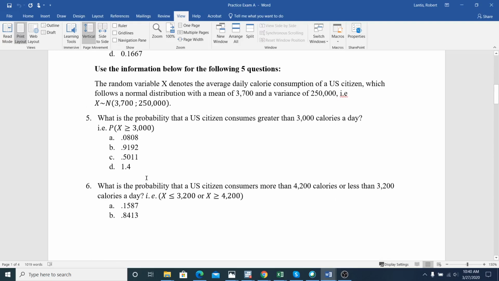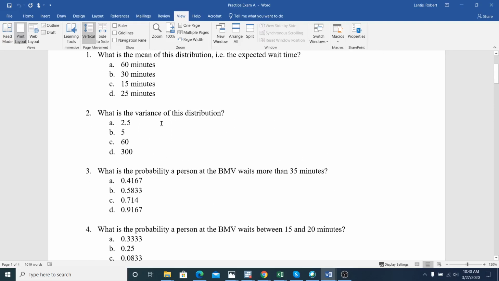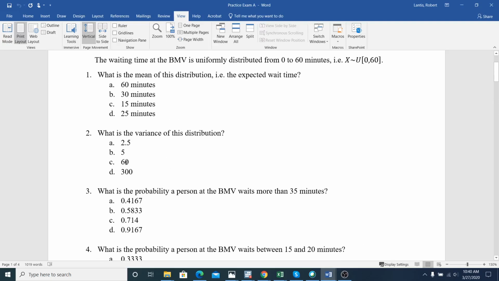So the next one, number 5, we've got now a random variable x, but it's normally distributed. Before we move on, you should expect to see questions similar to this with a uniform distribution. I would practice on the second exam as well, because when the minimum isn't 0, it's a little bit trickier.